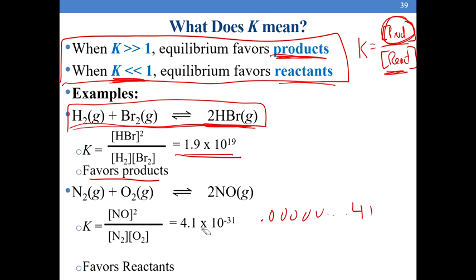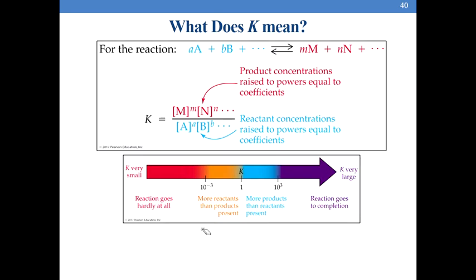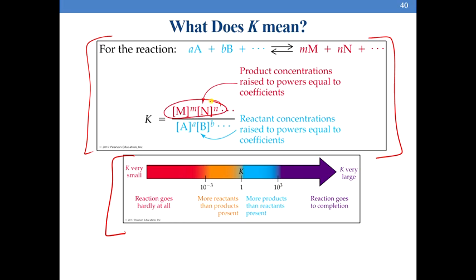So your book has actually a really good image of K. This bottom image, you've already seen this top part, and just this top part will help you remember, products over reactants, okay? But this bottom image is like, so how big does K need to be? If I just say K is greater than 1, favors the products, how big?